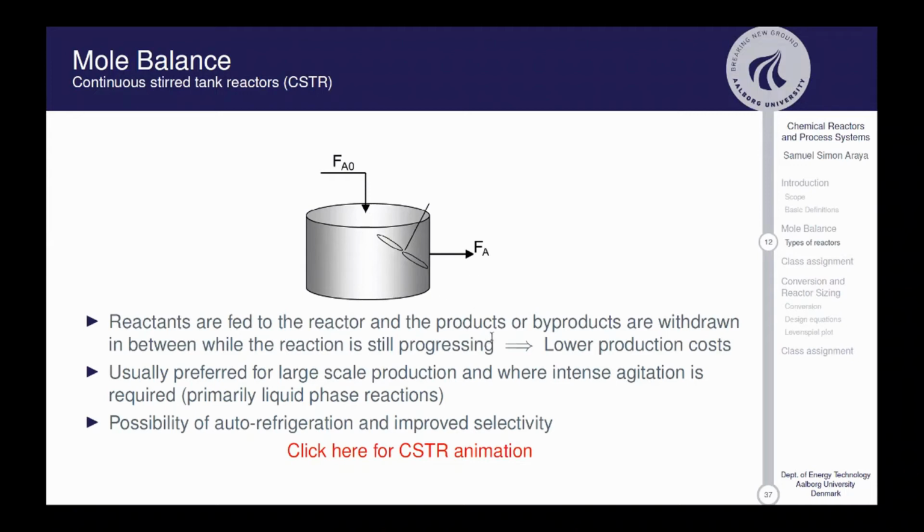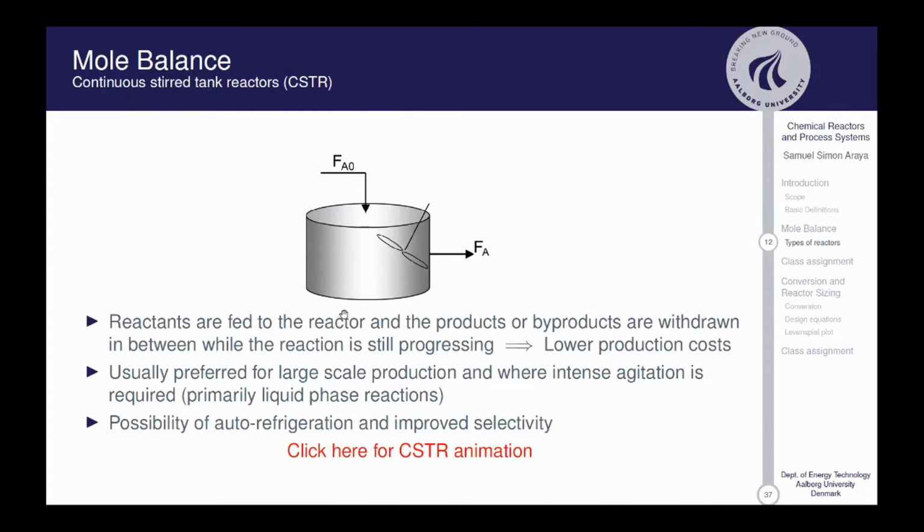It's a steady state reactor. There's also the possibility for auto refrigeration and improved selectivity, especially when you put more of these reactors next to each other. Then you can improve the selectivity.